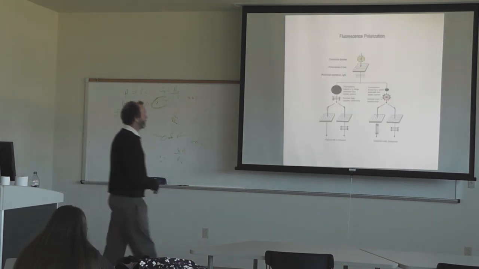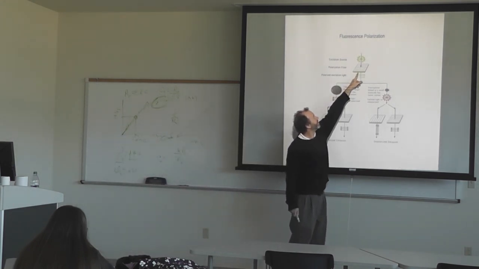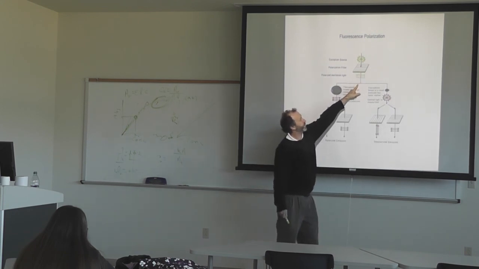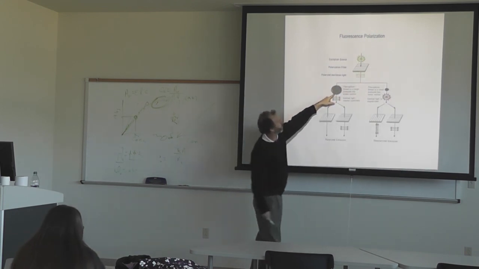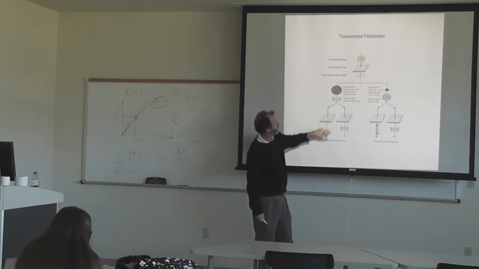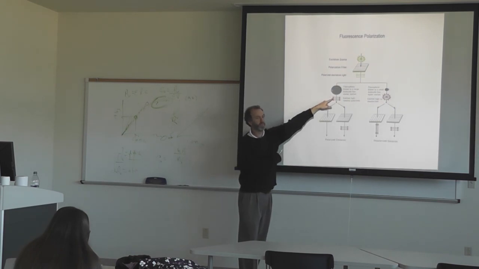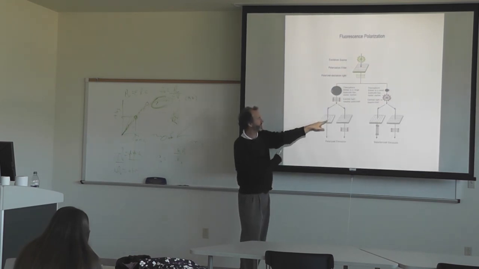So you use an excitation source to excite the light. It goes through a polarization filter, so you only get light that's polarized. If it binds to a fluorophore that's bound to a large molecule, it'll emit polarized light. At the detector end, you have polarization emission. You can detect that. You don't get any emission through the filter that's opposite the polarization, because it filters that out.